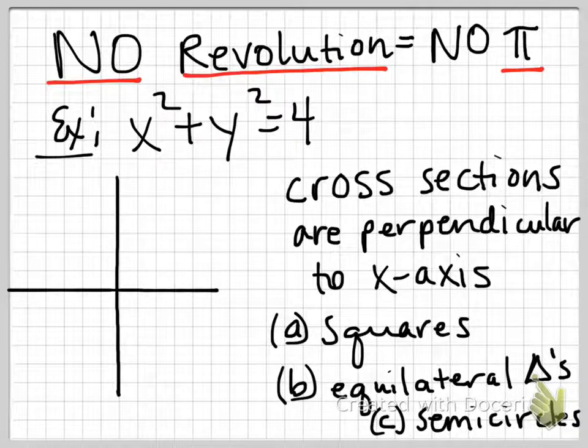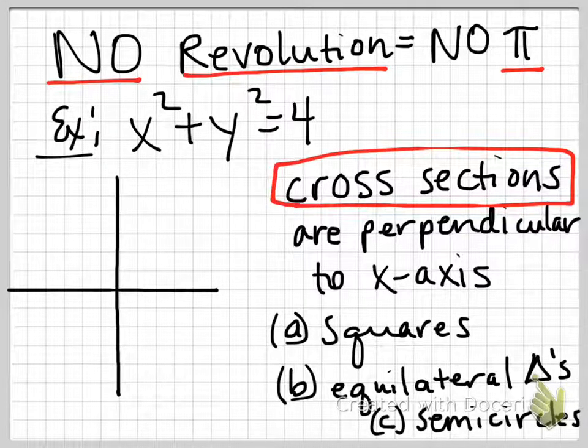When we did washers, we had pi r squared minus pi r squared, so we had pi on the outside of the integration. But now, with cross-sections, there will not be a pi on the outside of the integral unless something else in the formula calls for it.